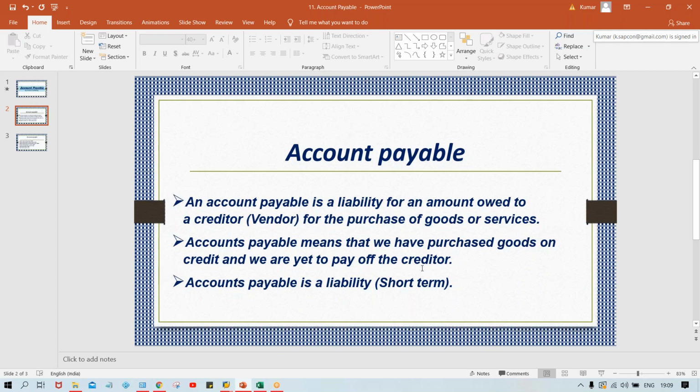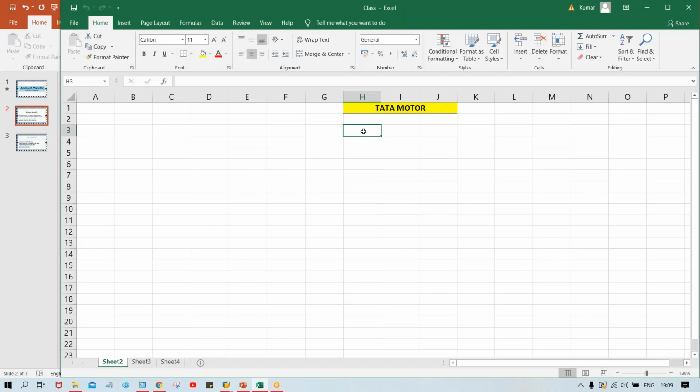So whatever payments are still due, let's suppose I have purchased goods worth 1,000 rupees from a particular vendor A. From vendor B, I have purchased goods worth 4,000. From vendor C, goods worth 6,000.